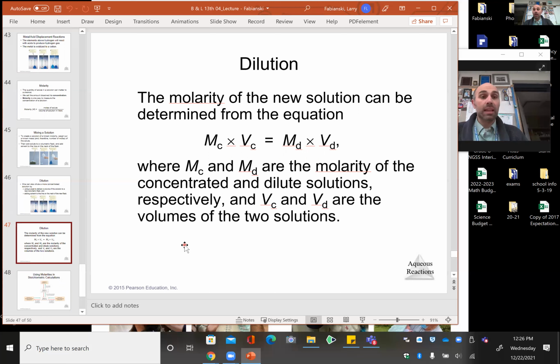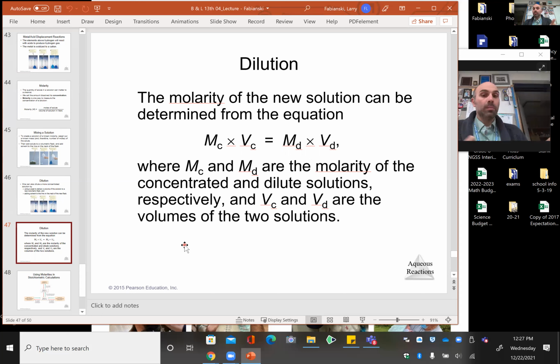This equation allows us to do this, all right? It's MV equals MV. M_C and V_C, subscripts C, are the molarity and volume of the concentrated solution, where M_D and V_D are the molarity and volume of the diluted solution. So we could use this calculation to find out the new molarity.